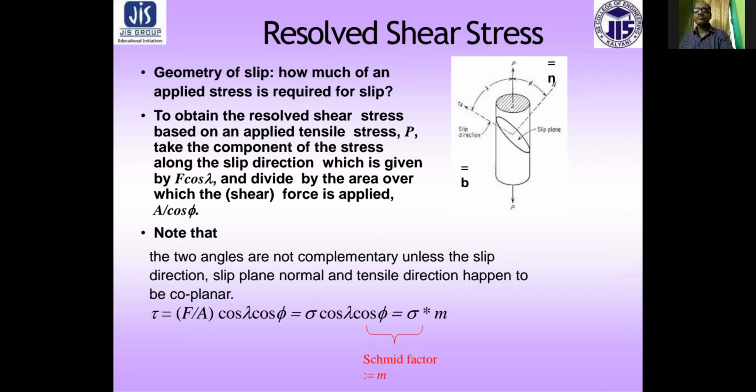Now at the beginning, if we say that lambda is more than 45 degrees, and when this lambda decreases, the value of tau resolved as given by this equation, that is sigma t cos lambda into cos phi, increases. And it is to be noted that the value of lambda decreases and the value of phi increases and vice versa.